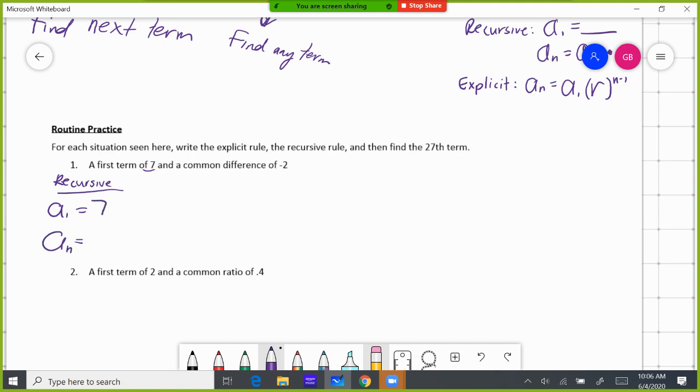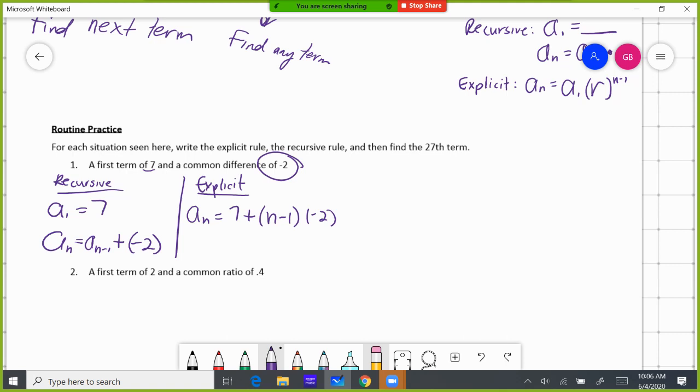And then to find the next term, it's the previous term plus the common difference, negative 2. The explicit, a sub n is equal to first term, which is 7, plus n minus 1 times the common difference of negative 2.